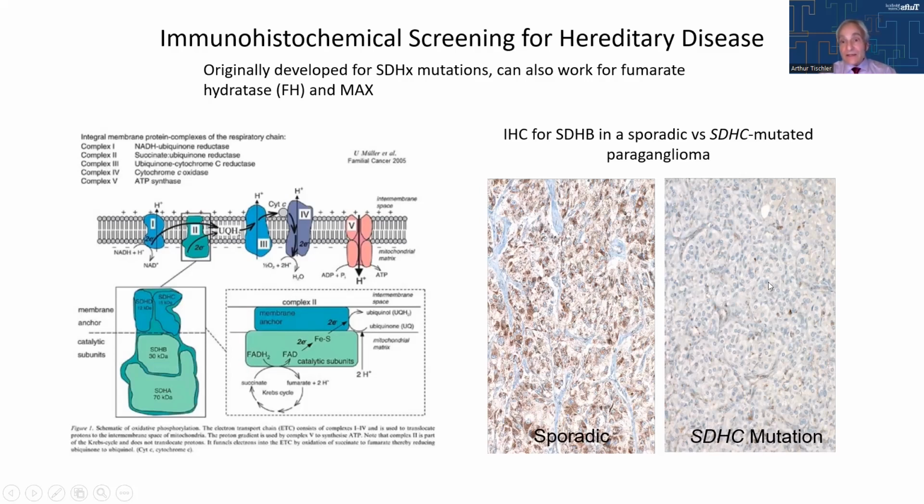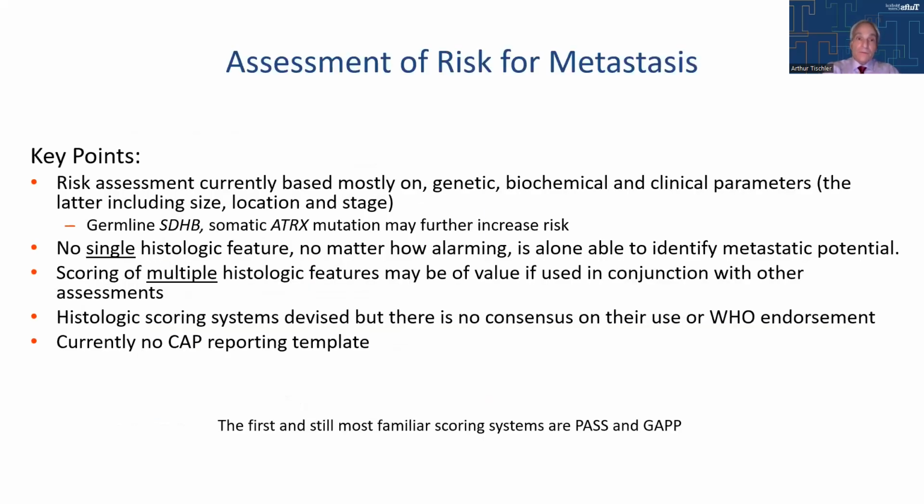And this tumor with an SDHC mutation shows loss of SDHB staining in the tumor cells while the staining is retained in endothelial cells. The granularity of the staining results from the fact that SDH is a mitochondrial marker, and each of these granules actually corresponds to a mitochondrion.